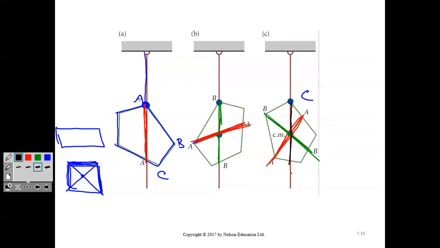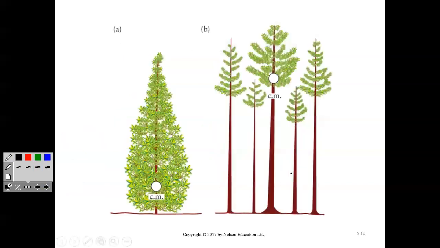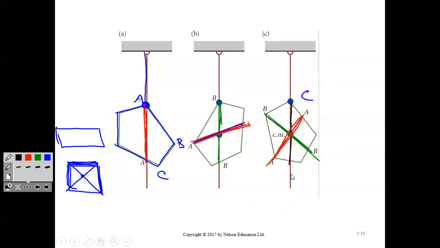So this is how to determine the center of gravity experimentally. In fact, for a two-dimensional object, two lines are enough. Okay, we can stop here. For a three-dimensional object, you need to do it with three separate points. It is difficult to draw a three-dimensional object on a piece of paper or on a screen.